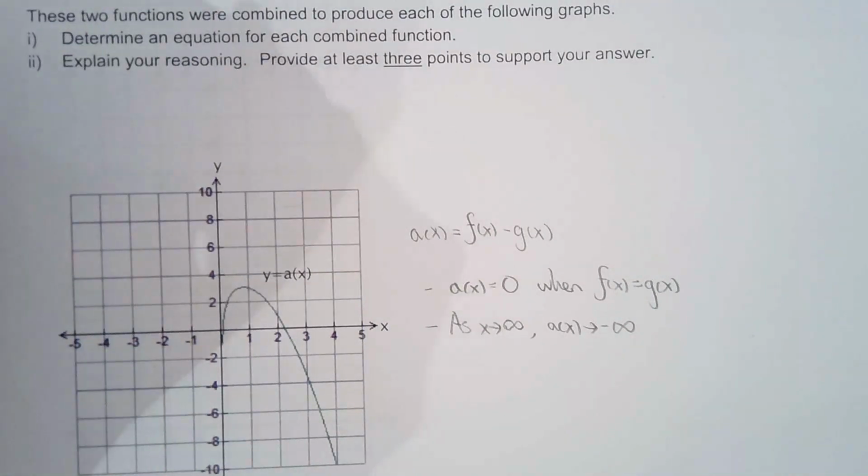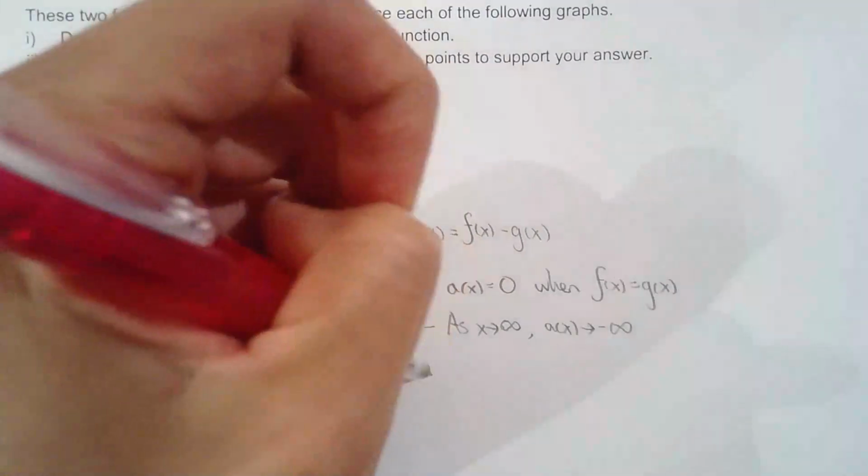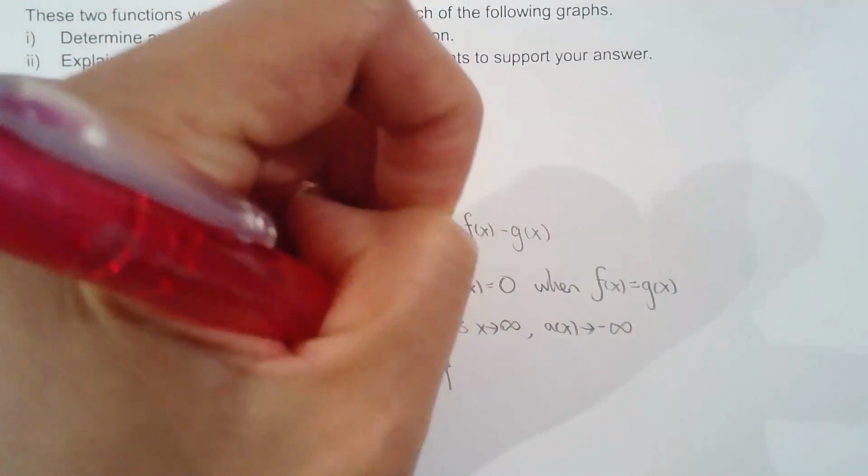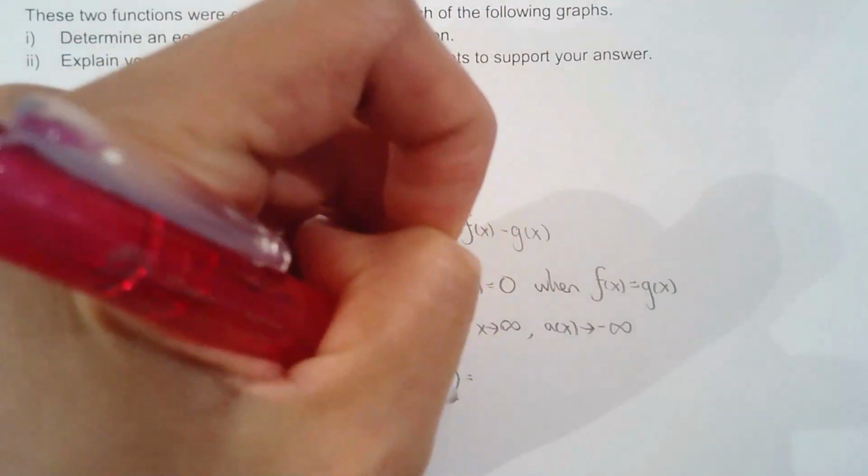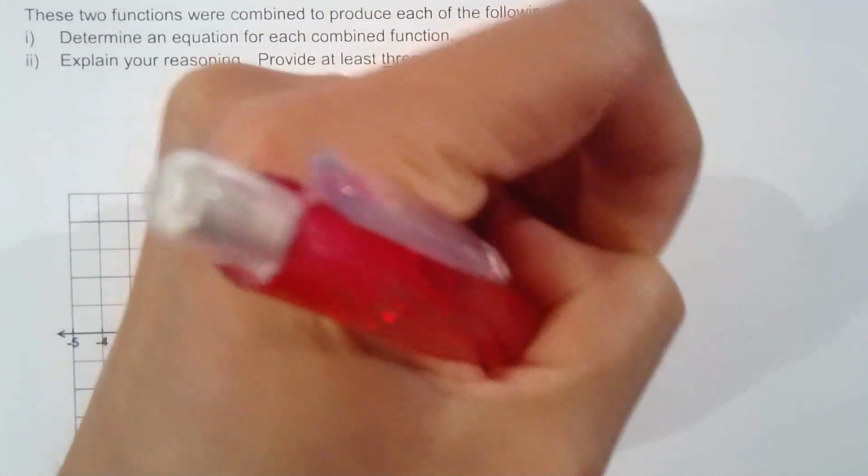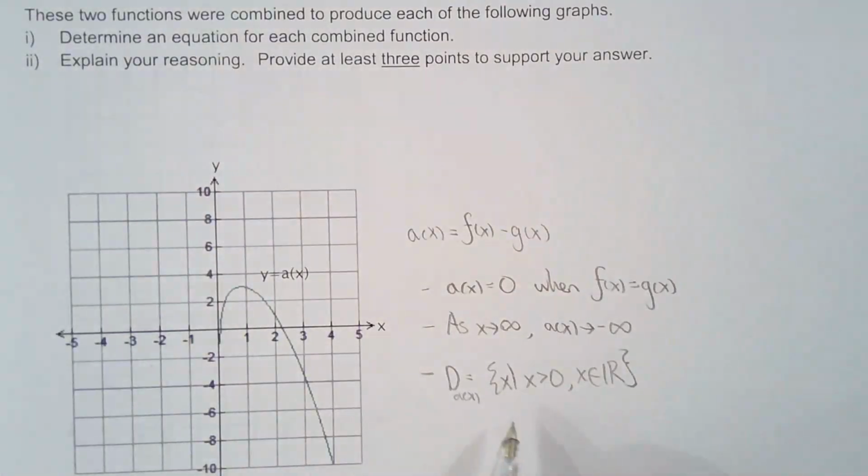But since they want 3 points, I'll give them one more reason. Let's just talk about domain. The domain of a of x is equal to any value greater than 0. That's what the graph says. Okay, that first supports the fact that a of x is f of x minus g of x.